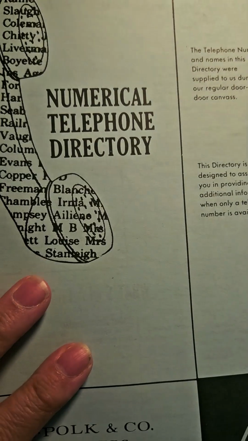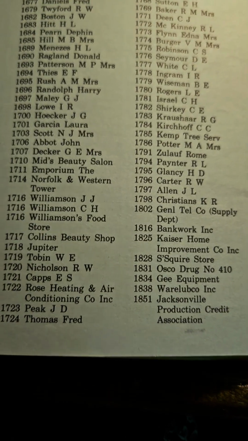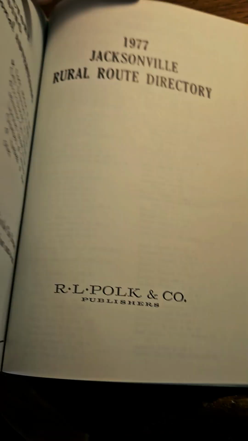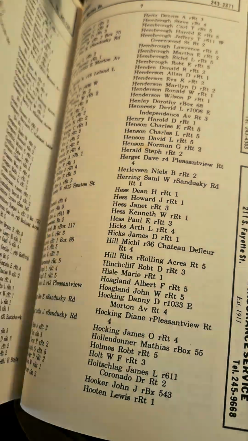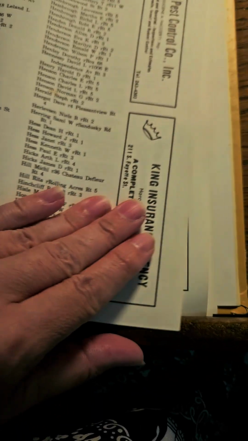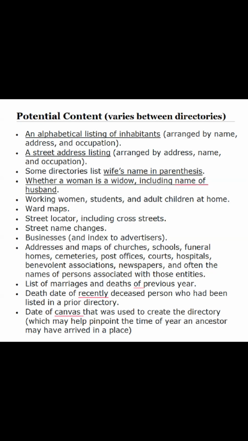Then you got the street guide tab, and then you got a phone directory. They've got phones now. Okay, so they're not in alphabetical order, they're in phone number order. And then you had the rural route directory, or people that lived outside of town. So there's that, and then you got this little map of them in the back.